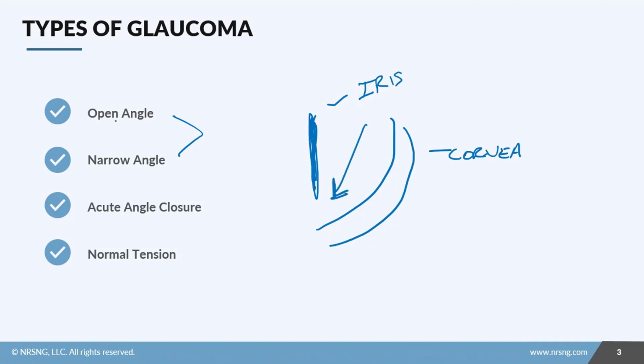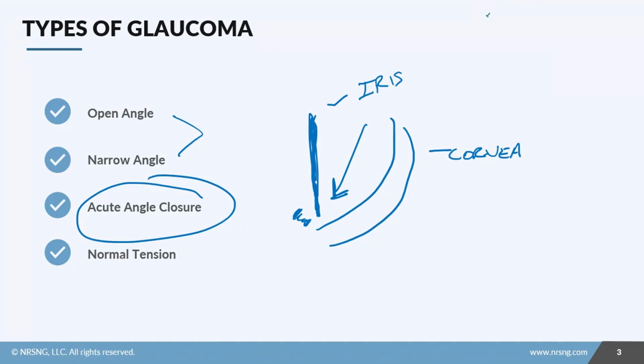In open angle glaucoma, the angle is open, but over time becomes clogged, causing an increase in pressure. With narrow angle glaucoma, you have a problem with the anatomical structure of the iris where this opening is narrowed, also increasing pressure.